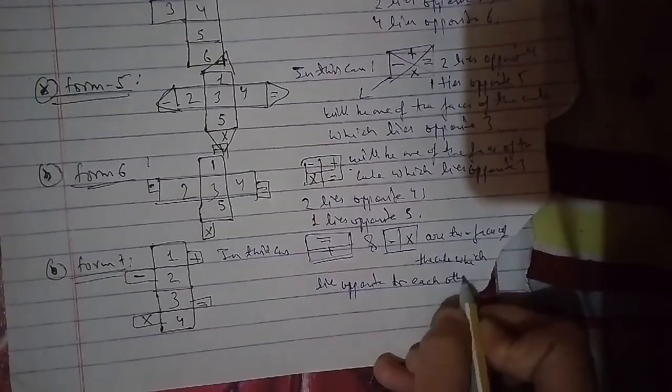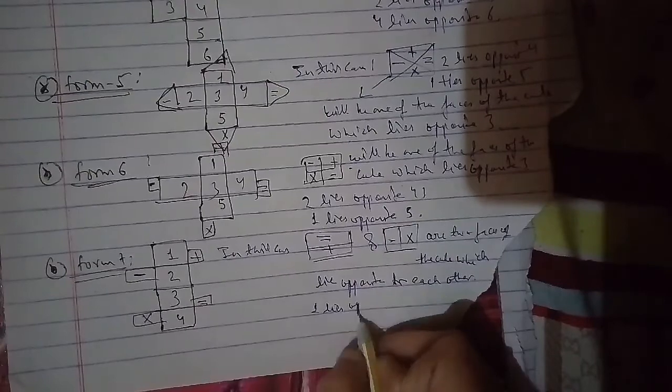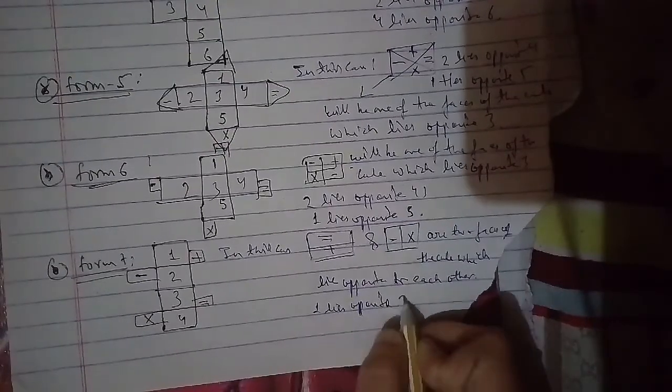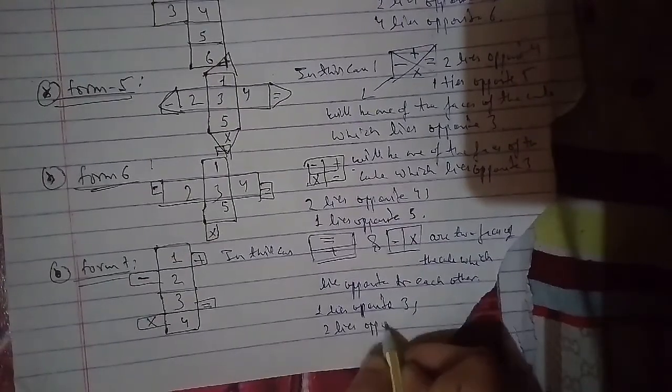One lies opposite 3, 2 lies opposite 4 here, that we have to talk about.